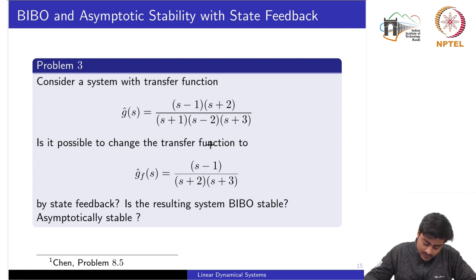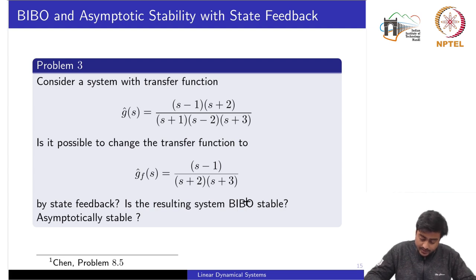So first of all, we'll deal with whether we can change this transfer function to this transfer function by using state feedback. We also need to comment on the stability of the resulting system in terms of BIBO stability and asymptotic stability.